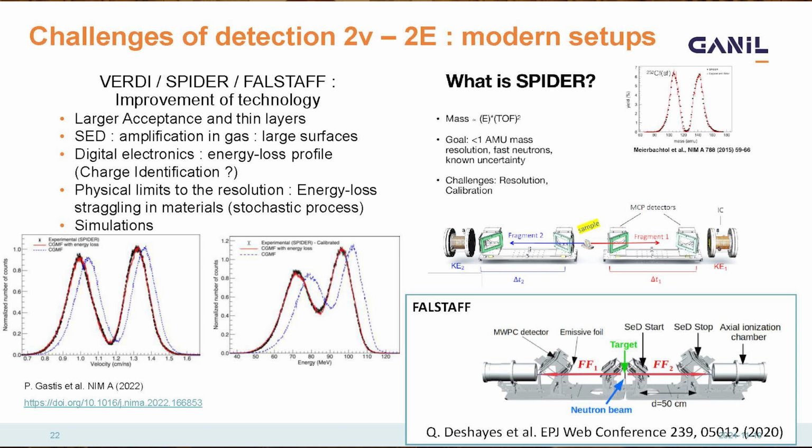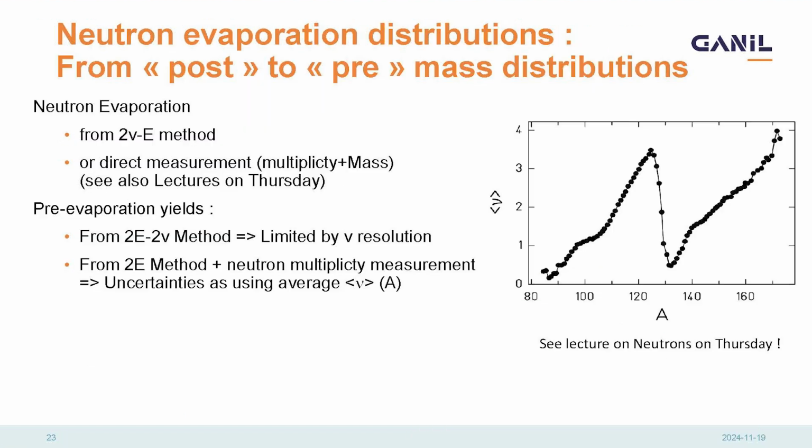Those setups can accommodate both a spontaneous fission source and a neutron-induced fission source. And the point that I want to make here is related to what will most likely be the lecture of Thursday.